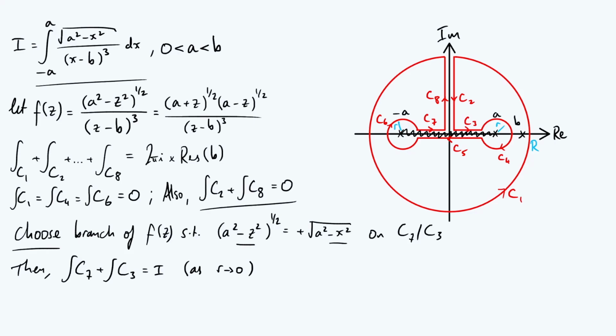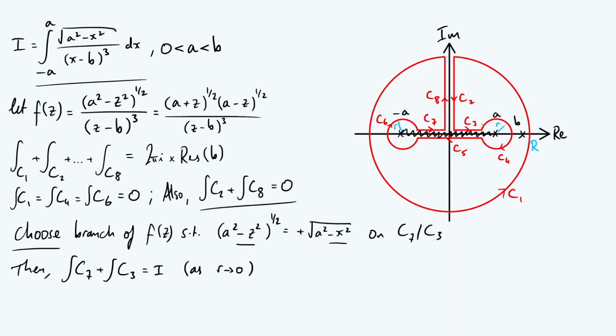If you wanted to show that a little bit more formally, you could say that the limits of integration on curve C2 are from minus a plus lowercase r up to minus epsilon, where epsilon is a small quantity and defines where this point here is on the real axis, and then the limits of integration along C3 would be positive epsilon, in other words here, up to a minus r, in other words here, and then you take the limit as r goes to 0 and epsilon goes to 0, and you show that it's equivalent to just integrating along one big line.